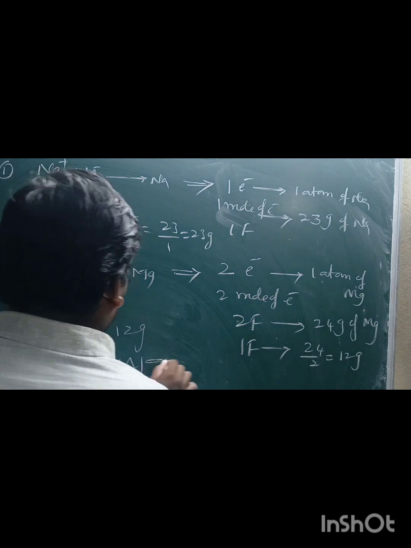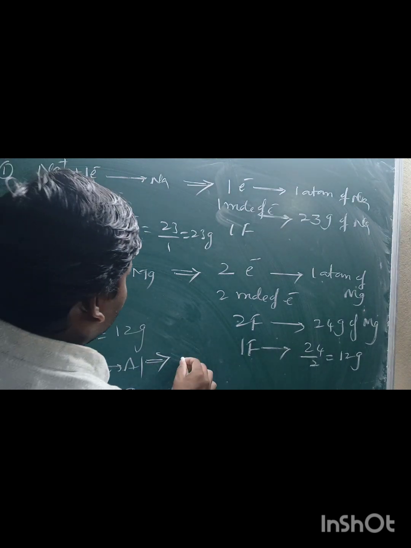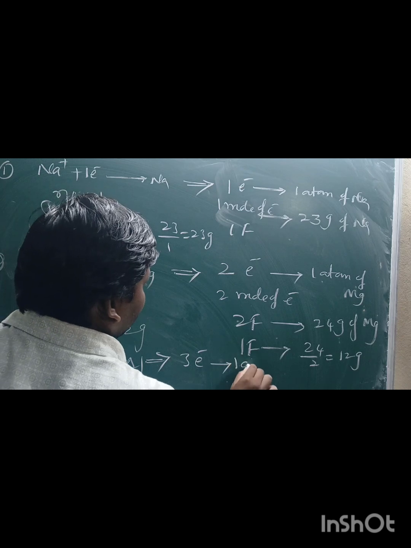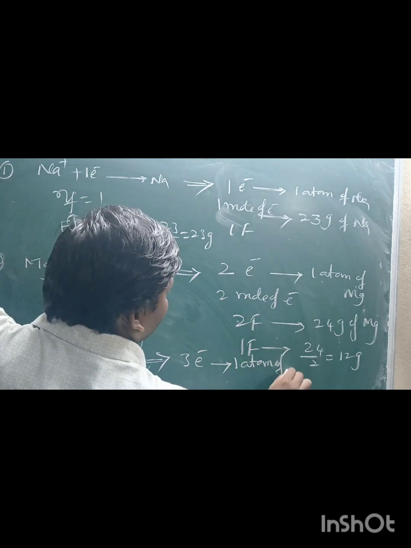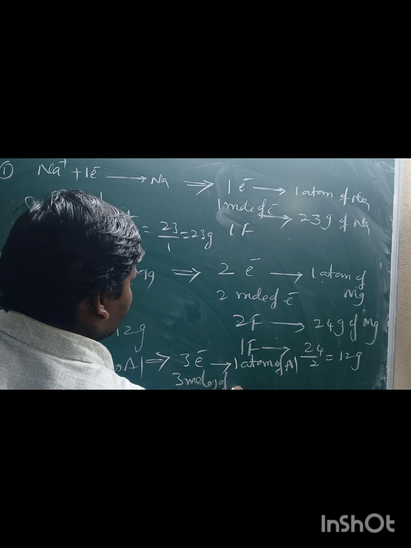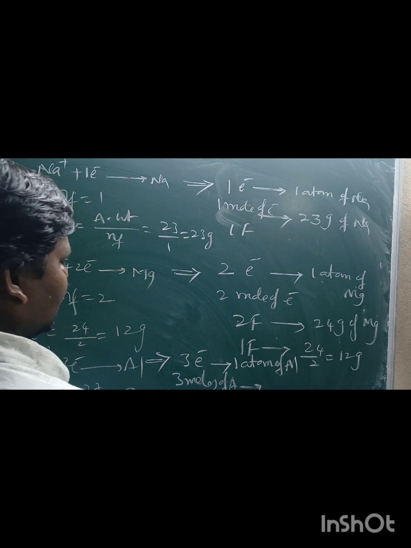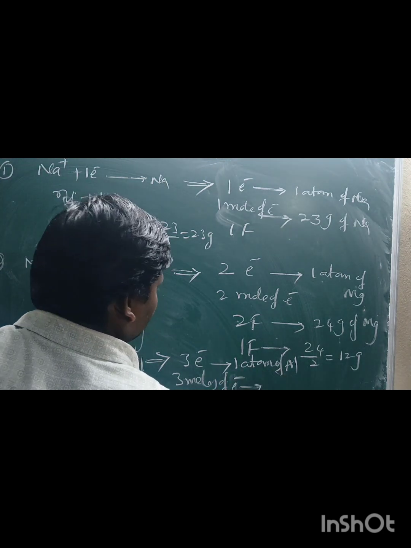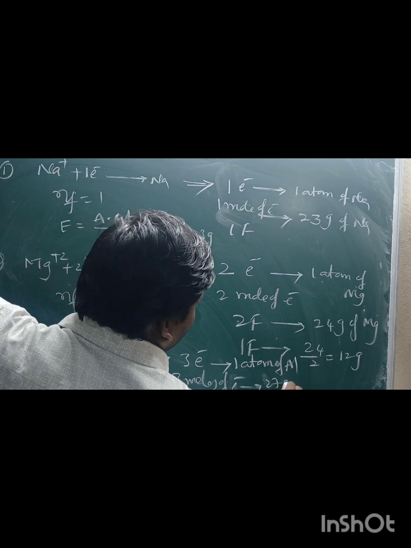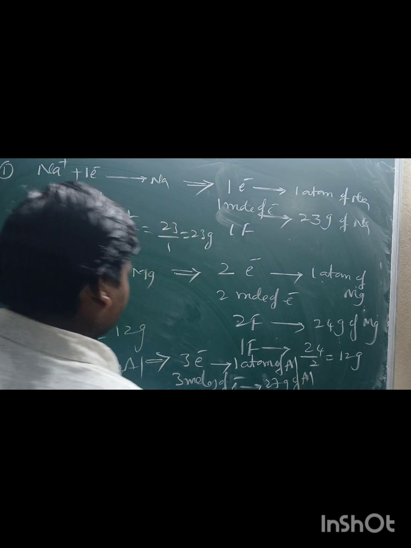Take this one: 3 electrons give 1 atom of aluminium. That means 3 moles of electrons is equal to 27 grams of aluminium.